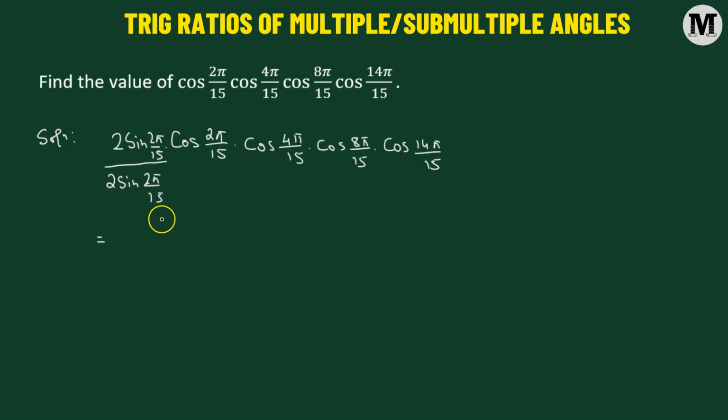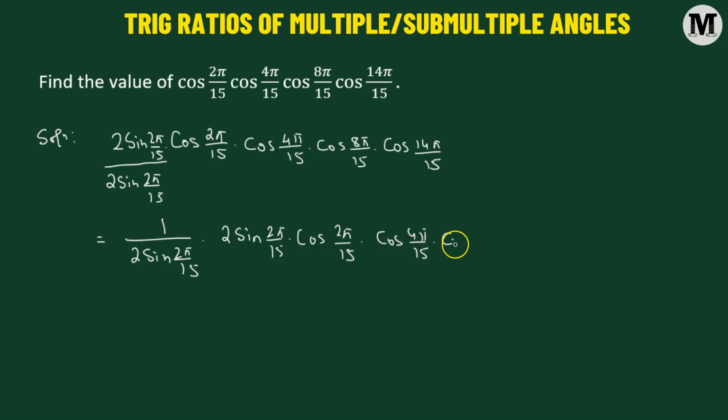Once we do that, what we'll get is 1 over 2 times sine 2 pi over 15, and this will be multiplied to 2 times sine of 2 pi over 15 times cosine of 2 pi over 15 multiplied to cosine of 4 pi over 15 times cosine of 8 pi over 15 times cosine of 14 pi over 15.